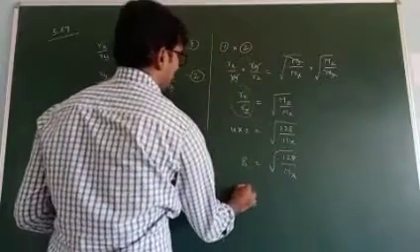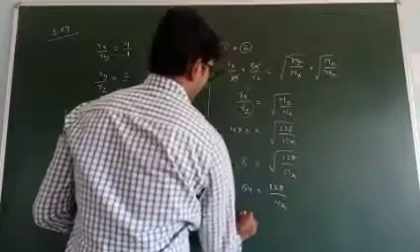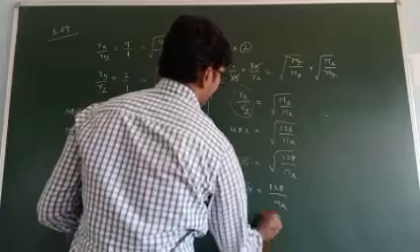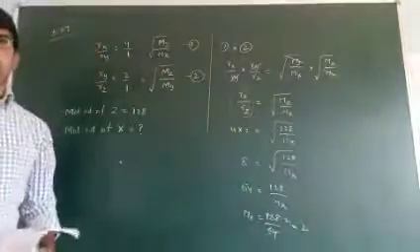The root comes to this side, 64 is equal to 128 by Mx. Then Mx is equal to 128 by 64. 64 twos are 128, so 2 is the answer. Okay, completed.